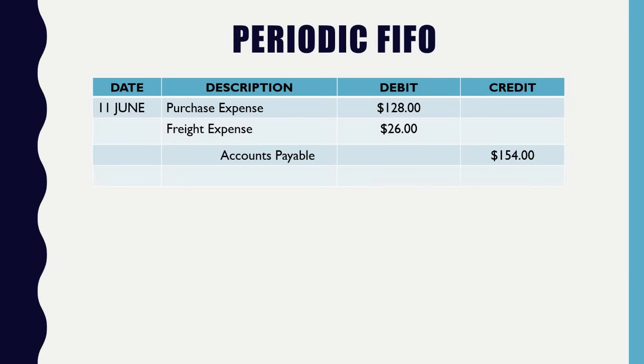Since it was for 100 items at $1.28, my purchase expense should be $128 plus my freight expense, which was $26, to give me a grand total of $154. Right?